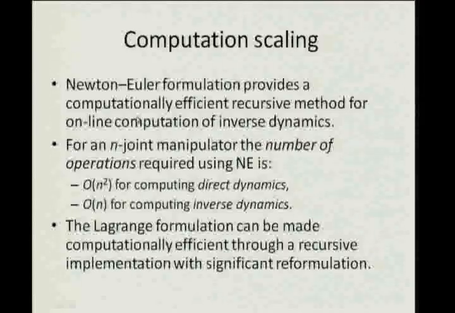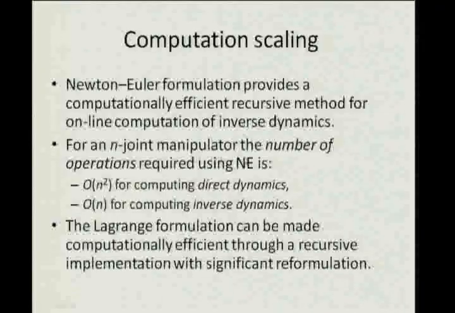The Newton-Euler formulation is computationally efficient because you compute specific terms and do not compute everything. For example, you do not compute the full tensor, or the full Christoffel symbols and then combine them to form one term Bij. That is computationally much more expensive.